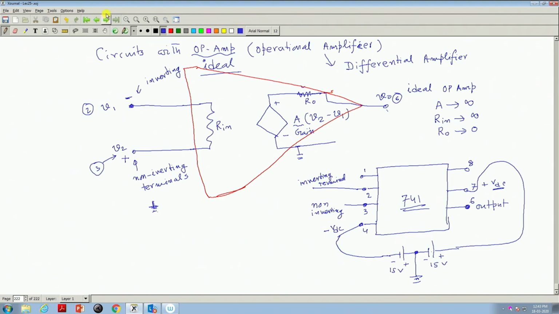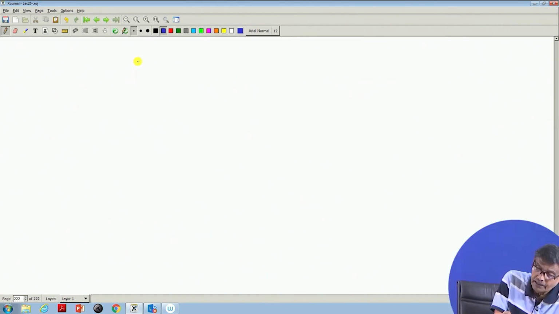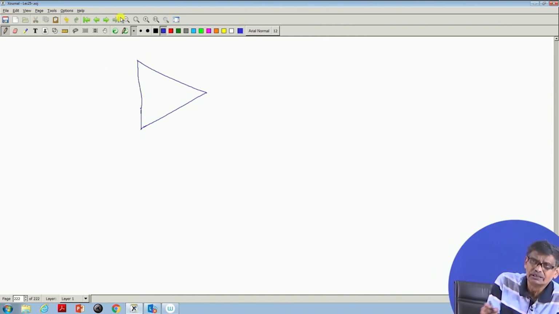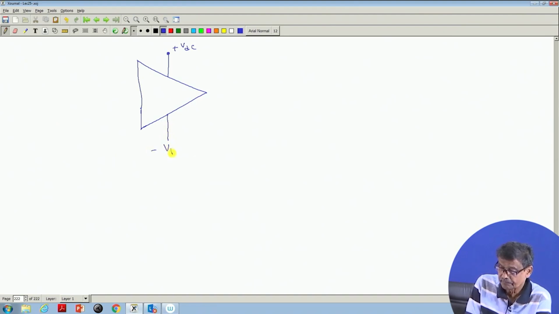Now, let us come here. The op amp will be represented like this, not showing all the pins. Here you only show the supply connections plus VDC and minus VDC, those two batteries, and the common point of those batteries is the ground.